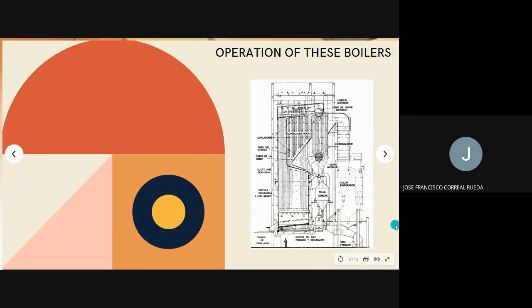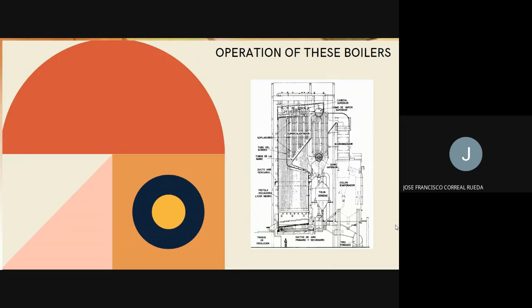The combustion gases are released from the hearth of the boiler and directed through the walls of the furnace toward the upper part, where there is a group of tubes that marks the passage of the gases. In the horizontal part they transfer heat first to the superheater tubes and then to the steam generation tubes.